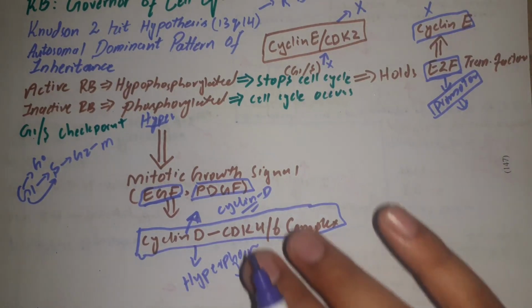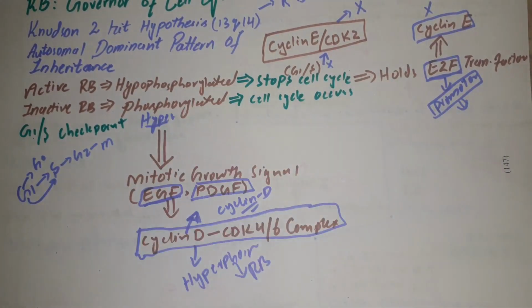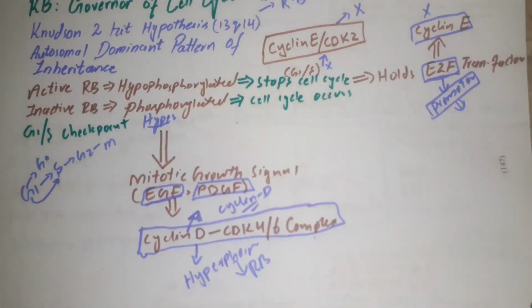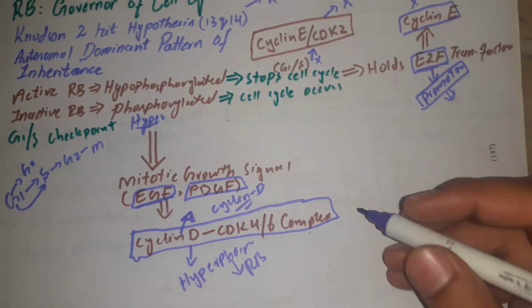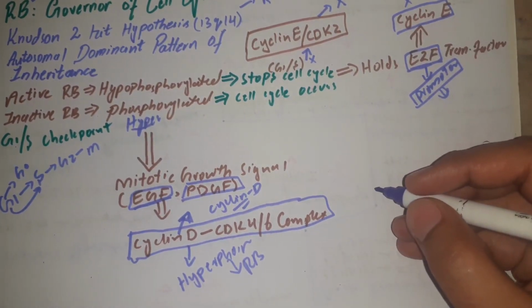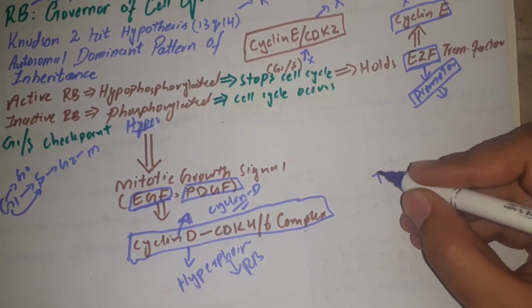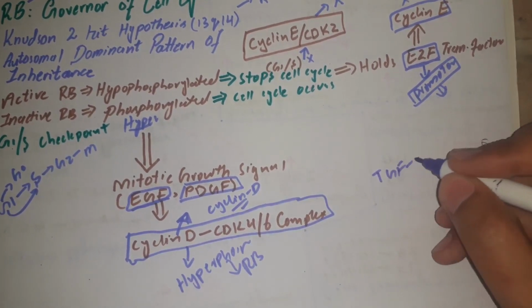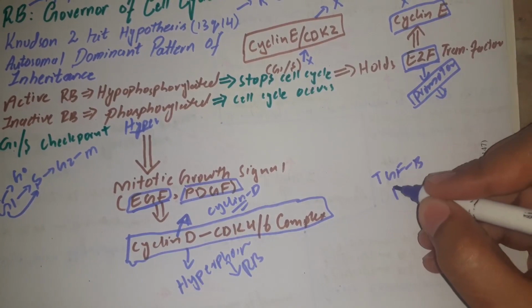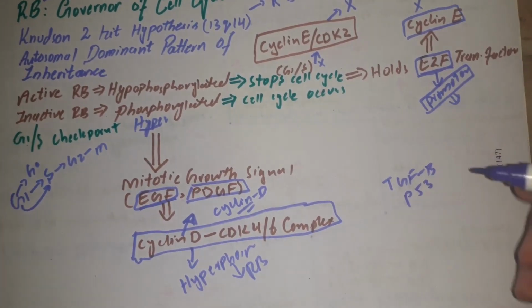So growth signals make it hyperphosphorylated. However, the inhibitory signals make it hypophosphorylated, and these inhibitory signals are present in the form of transforming growth factor beta as well as P53 protein, and there can be other factors as well.